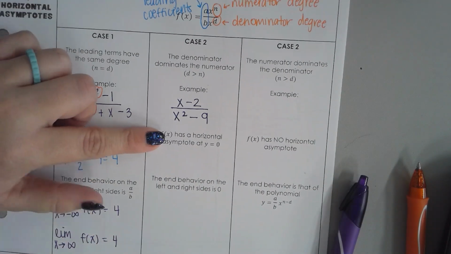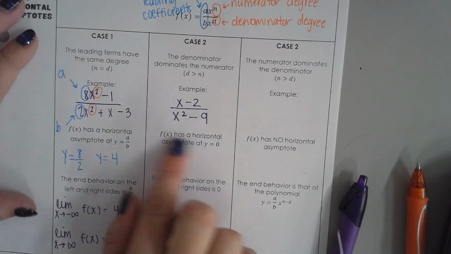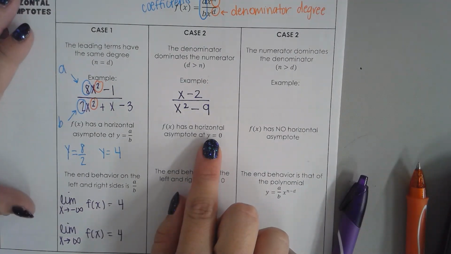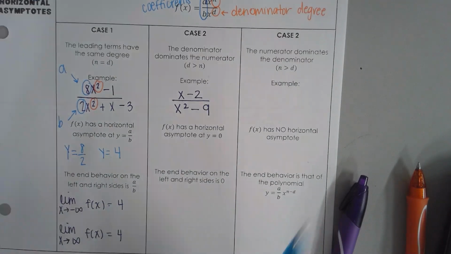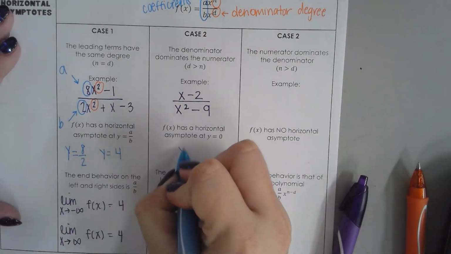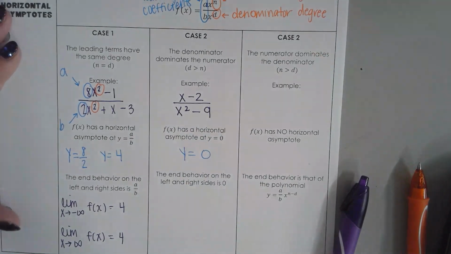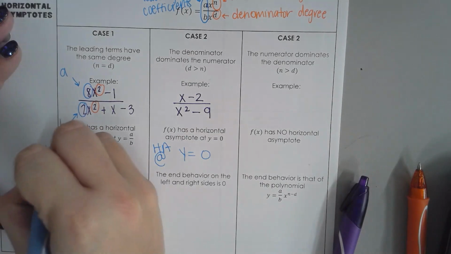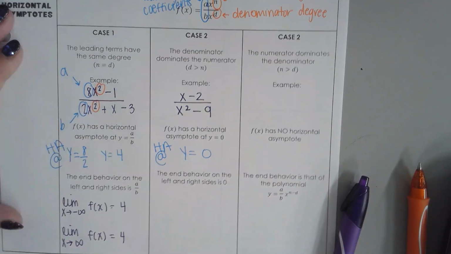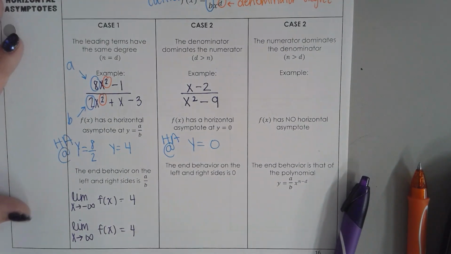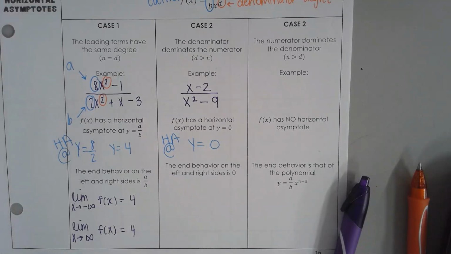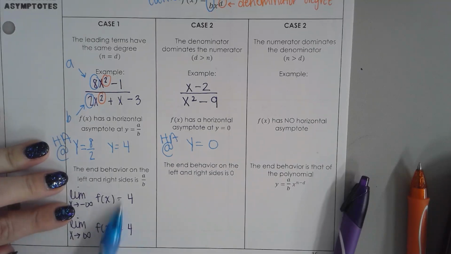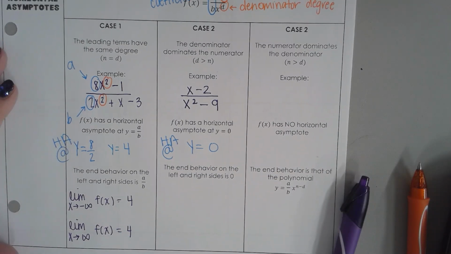In all of these cases, there's a horizontal asymptote at y equals 0. So this one has a horizontal asymptote at y equals 0, which means my limits, my end behavior, are both going to be equal to 0.